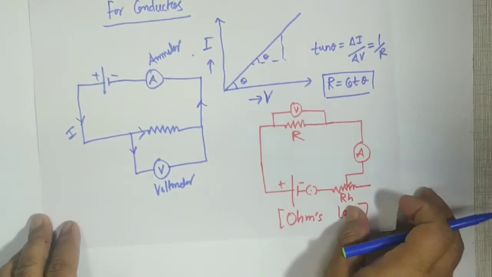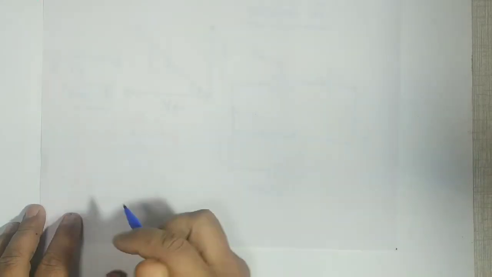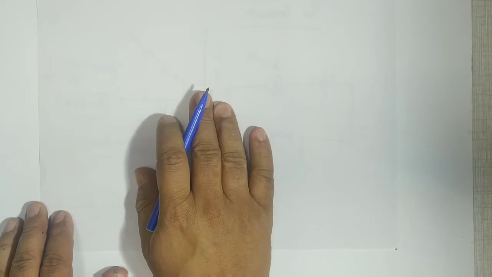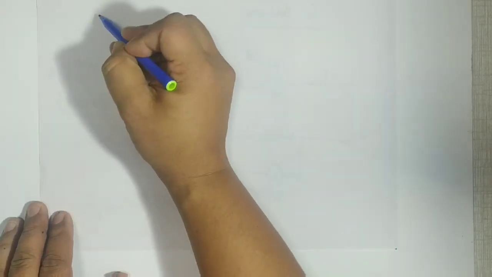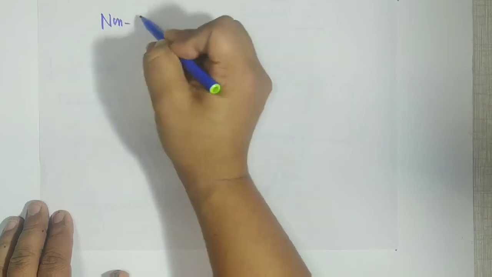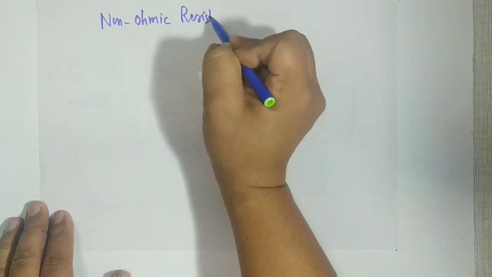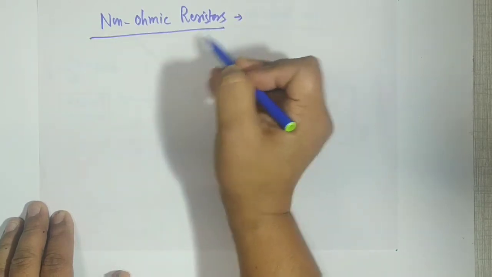Now here is a very important word, if we apply Ohm's law in a conductor, and that is non-ohmic resistors. Now I think you remember these words.